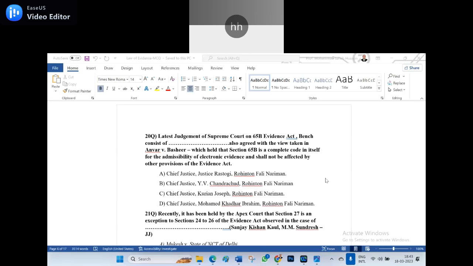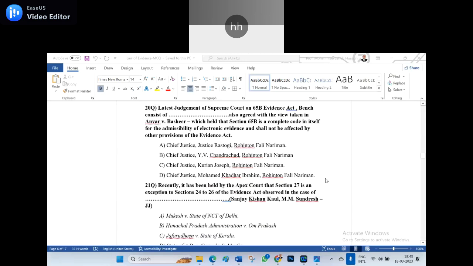D, Delhi, is wrong. Then you choose between A and C. C, sir. C is the right answer: Chief Justice Kurian Joseph, Rohinton Fali Nariman. Sometimes the questions may be asked, because I saw it, as who are the judges and who delivered the judgment? So the same question, but I asked it in a different style.